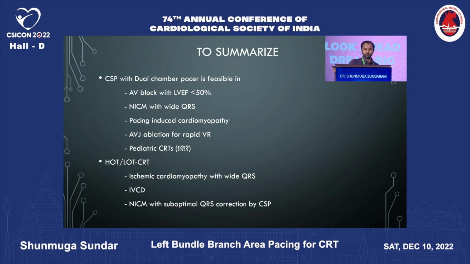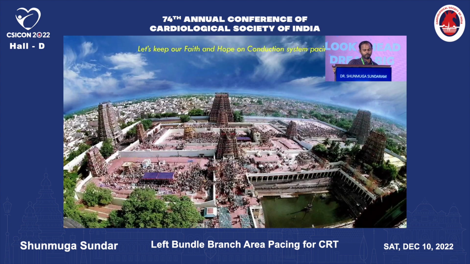That's our strategy. Pediatric CRTs, data is lacking, but still putting a single lead is much, much better than putting 3 leads. Of course, in those patients where you cannot narrow down the QRS, we have the help of the CS lead. We can perform His bundle optimized or left bundle optimized CRT for patients with ischemic cardiomyopathy, IVCD, non-LBBB morphology, and those NICM patients with a suboptimal QRS correction.